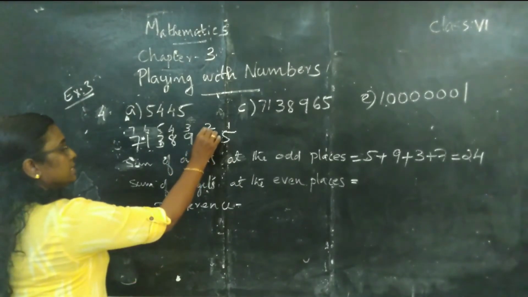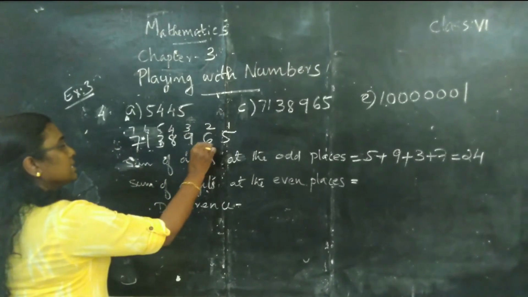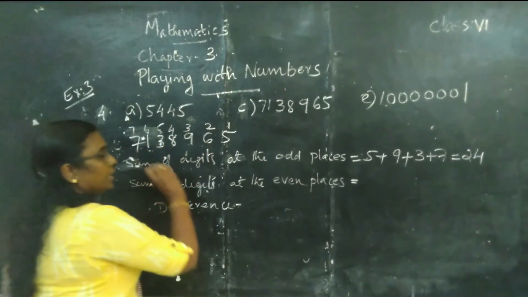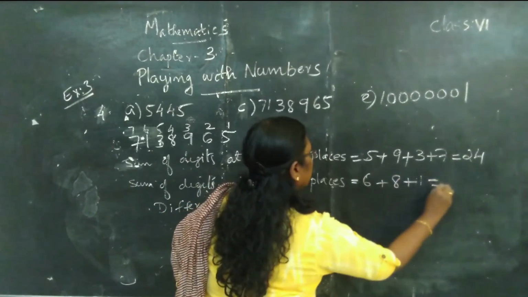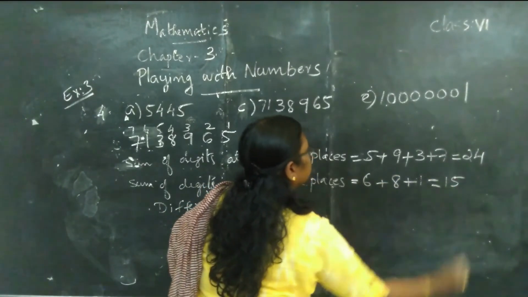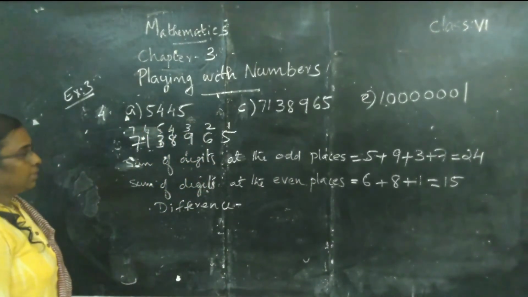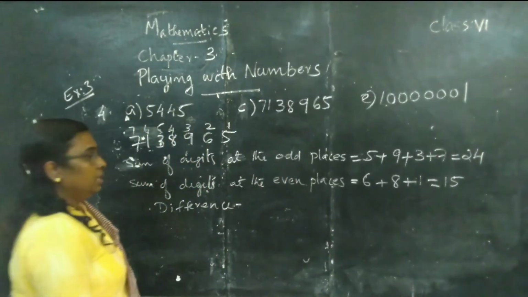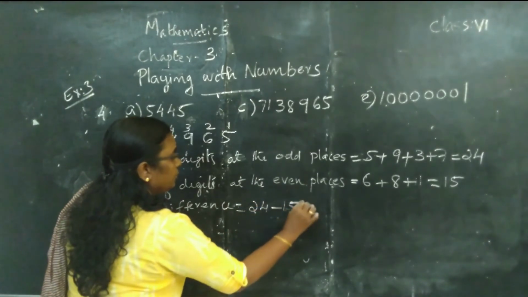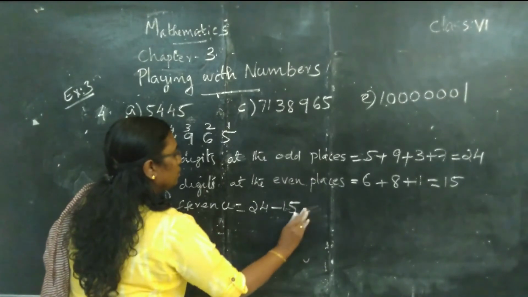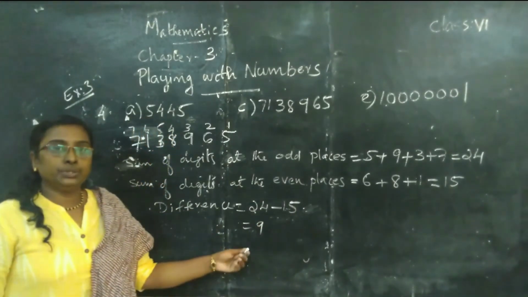The even places are 2, 4, 6. The digits are 6, 8 and 1. 6 plus 8 plus 1 equal to 15. Here the difference equal to 24 minus 15 equal to 9.